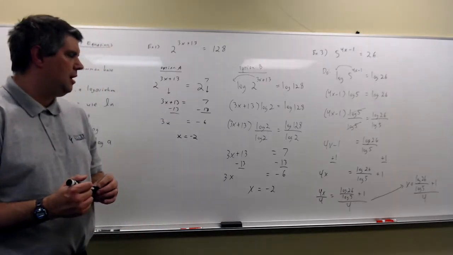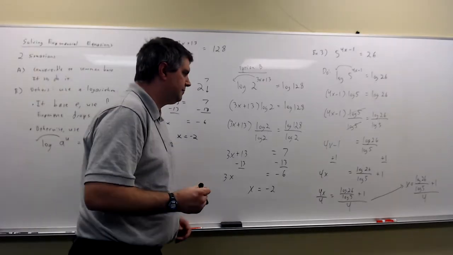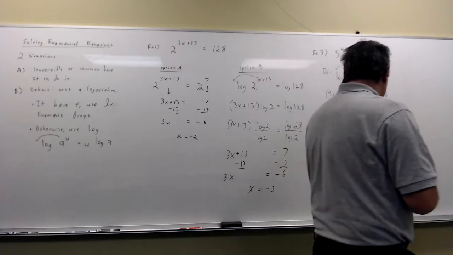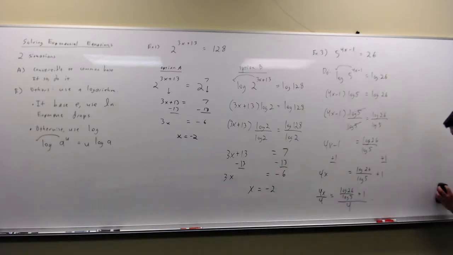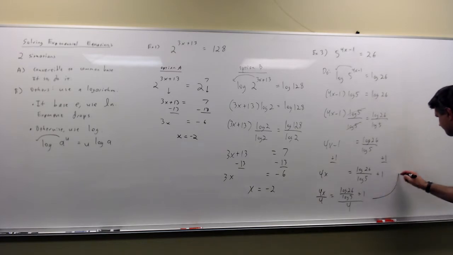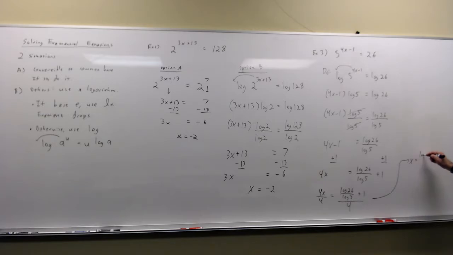Put another way, let me go ahead and move that up a little higher. x equals log 26 over log 5 plus 1, over 4.